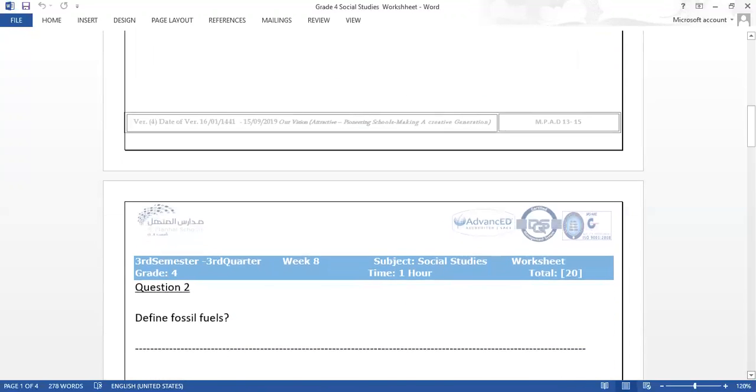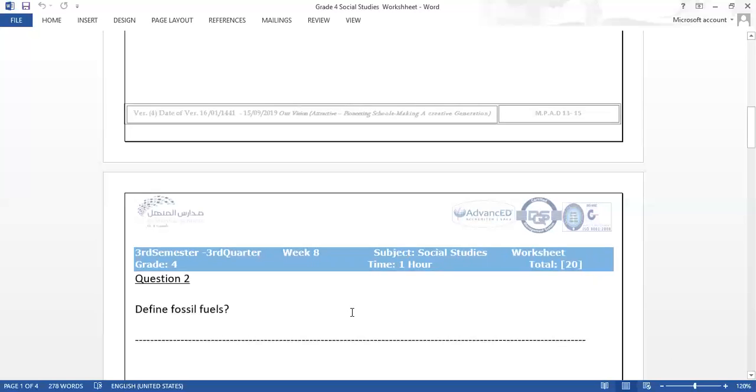To define fossil fuels. Now I already gave you the answer, but fossil fuels are formed from remains of dead animals and plants from millions of years ago.